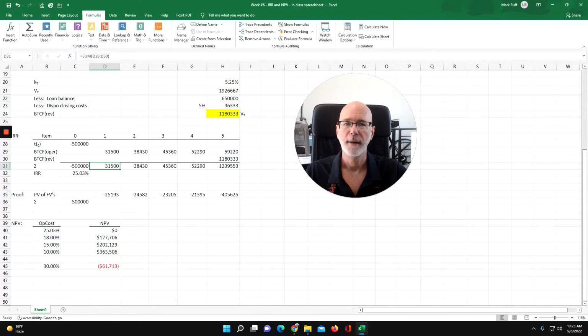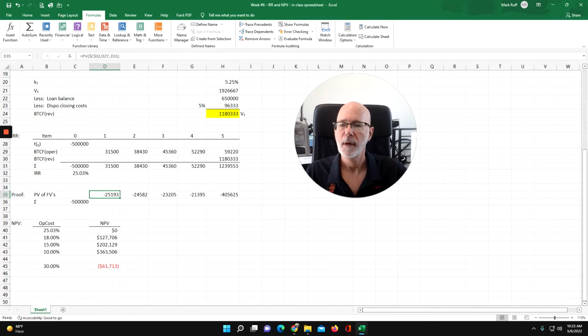We know that the present value and the future value must be opposite signs. So what Excel is doing simply is returning these future values, which are positive numbers, to a present value as a negative number. That's just what Excel does.